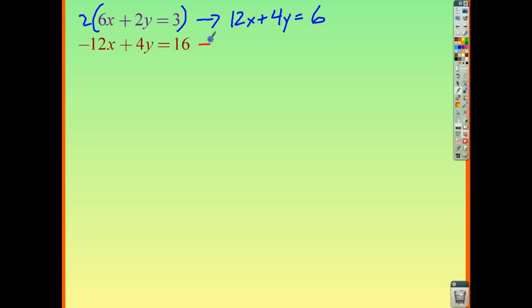This second one I'm going to leave the same, so I get negative 12x plus 4y equal to 16. Now I'm going to add these two together, and I get 8y equal to 22. Well, now I know that there's only one solution.